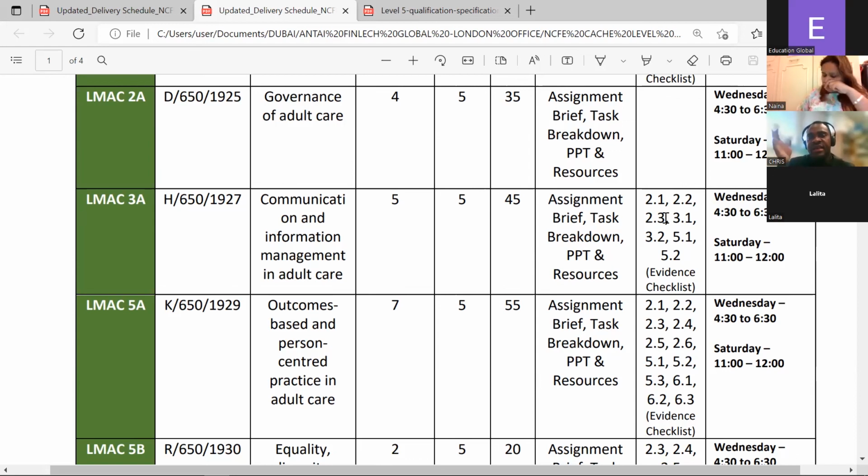Where we can't get that done, some of the scenarios will be given as a case study or work products. Each of them will be indicated in the assignment brief, what you should provide to meet that criteria. We'll do that with you. So no problem at all. No tension at all.